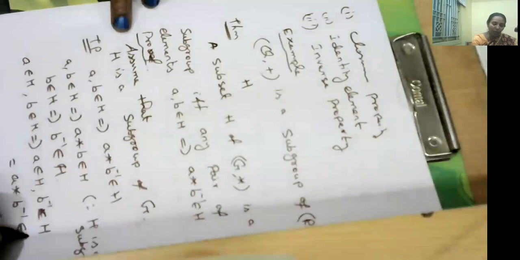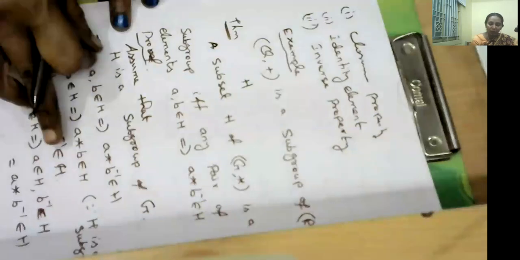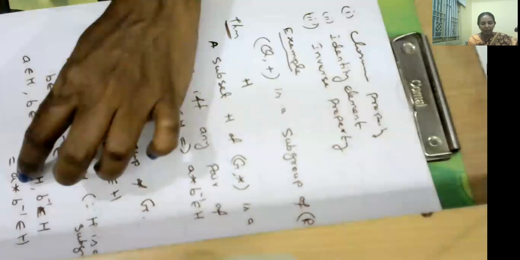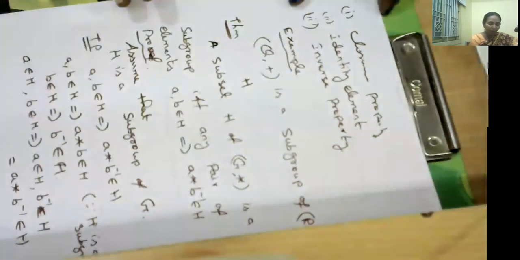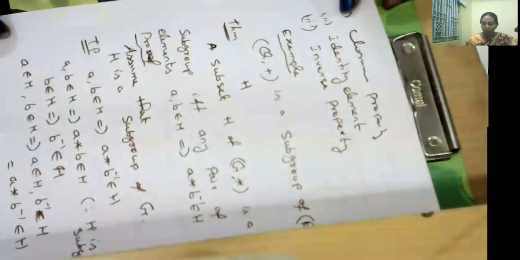Therefore, a star b inverse also belongs to H, since H is a subgroup and therefore the closure property holds. So by using the elements a and b inverse, we can conclude that a star b inverse belongs to H. So now we have proved the if part. We had assumed H is a subgroup of G, and we have proved that a, b belonging to H implies a star b inverse belongs to H.